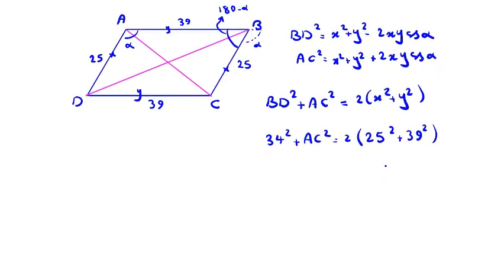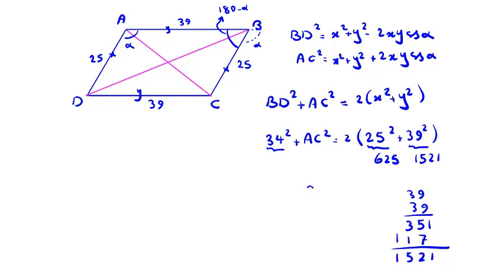So let's calculate. 625. 39 times 39: 9 times 9, 81. We have 8. 9 times 3, 27 plus 8, 35. 3 times 9, 27, plus 2. 3 times 3, 9 plus 2 is 11. 1, 2, 3, 1, 4, 5. 1, 15, 21.